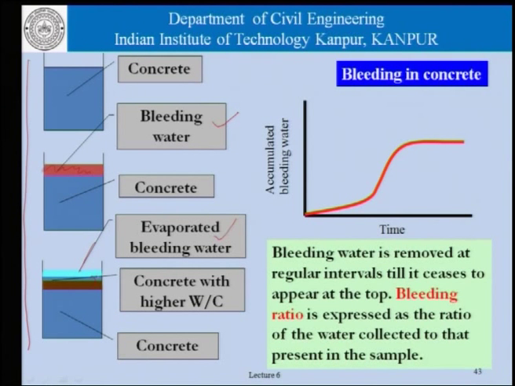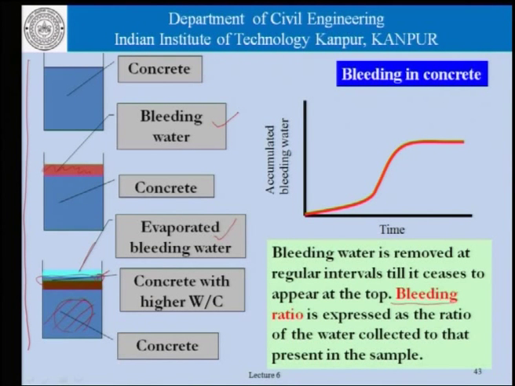Therefore, this becomes a small layer of concrete which has a water cement ratio higher than the main body concrete here, because this is the concrete which has the water cement ratio of the original mix more or less, whereas this concrete here has more water, the water in the mix as well as the water that first appeared at the top and then was reabsorbed on account of bleeding.